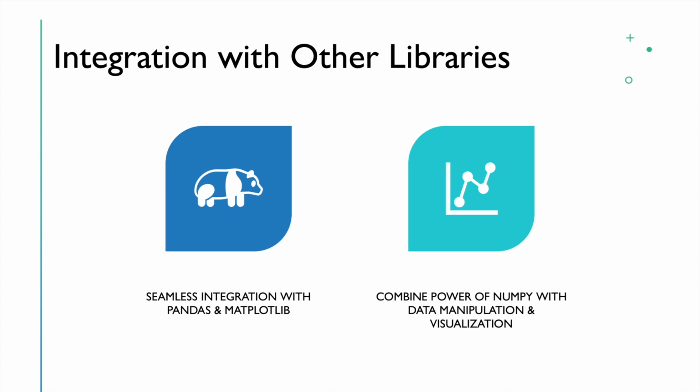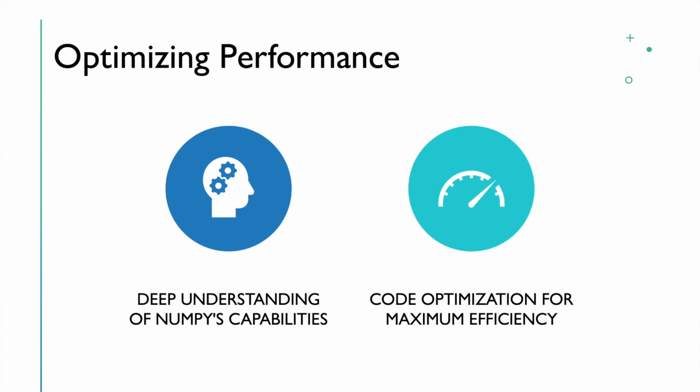This allows you to combine the power of NumPy with the flexibility of data manipulation and data visualization tools, and this enables you to create insightful data analysis and compelling visualizations.